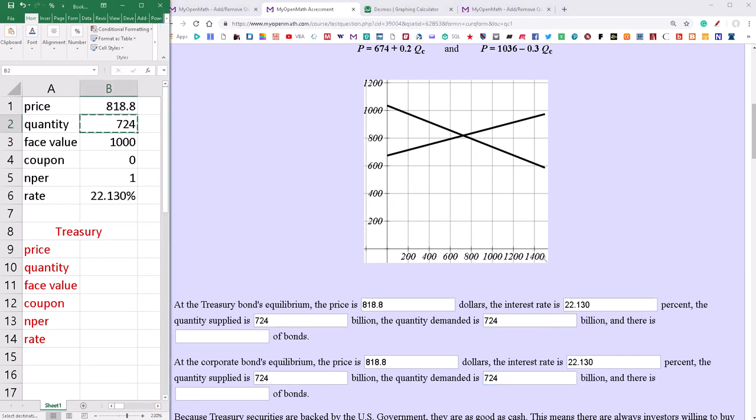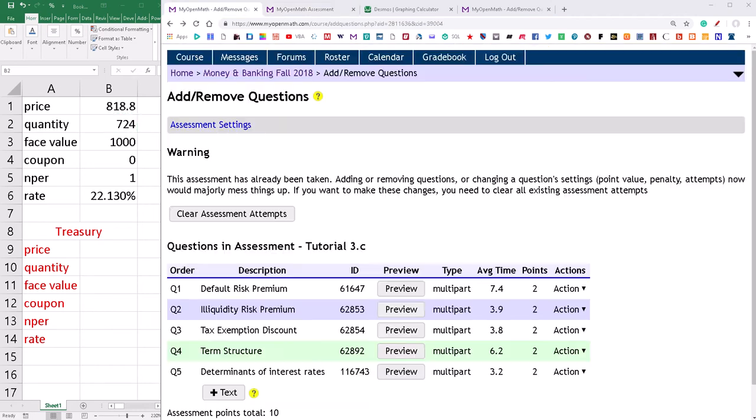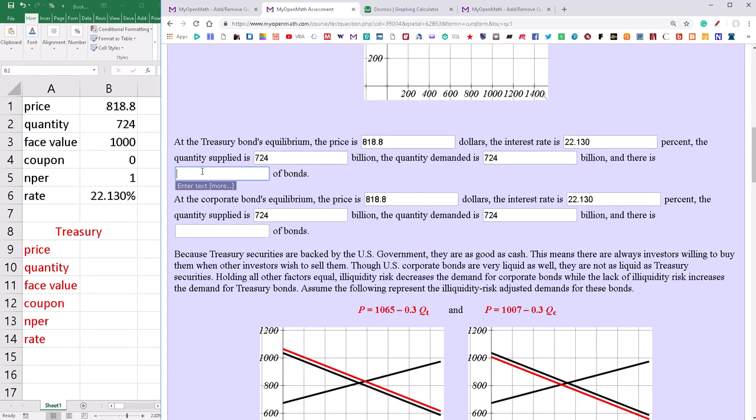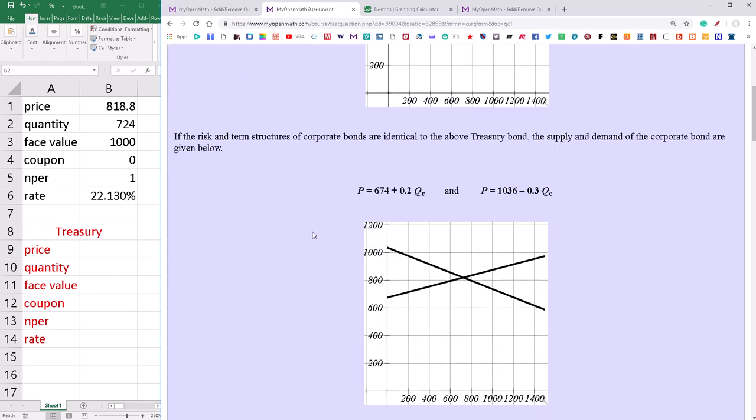And then because quantity supplied equals quantity demanded, there is no excess demand or supply. So we'll go ahead and hit enter.